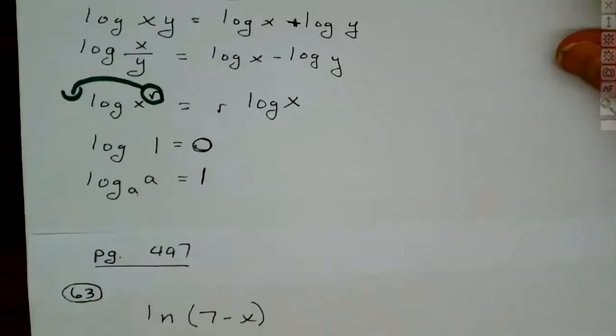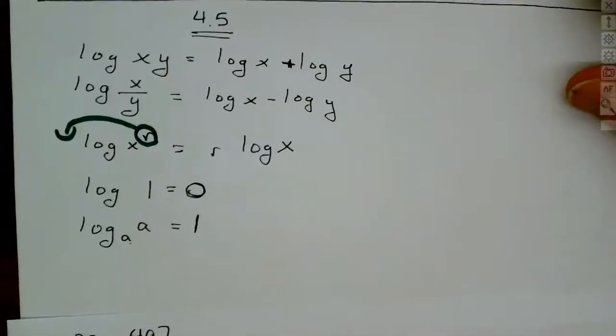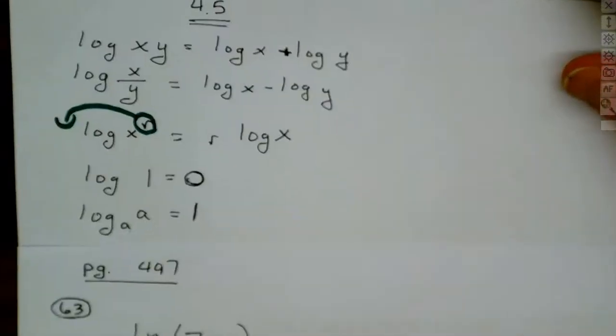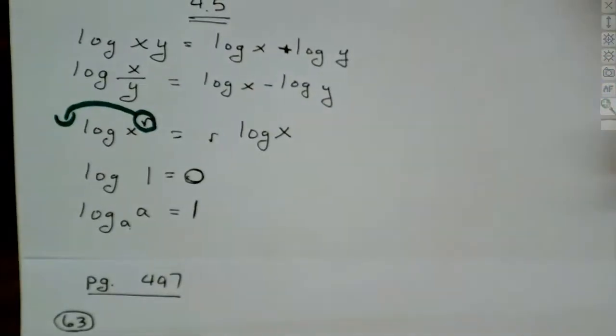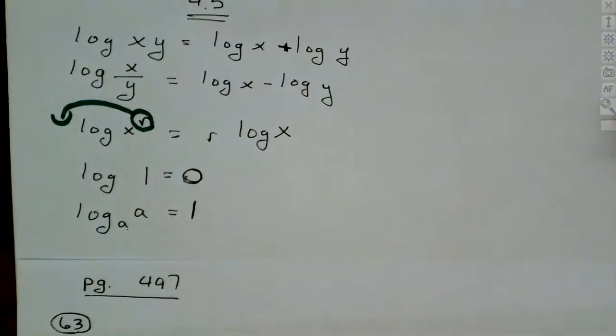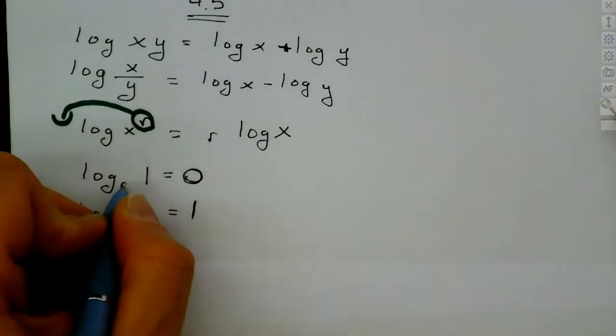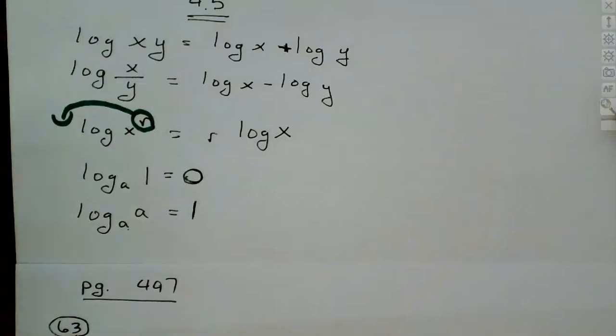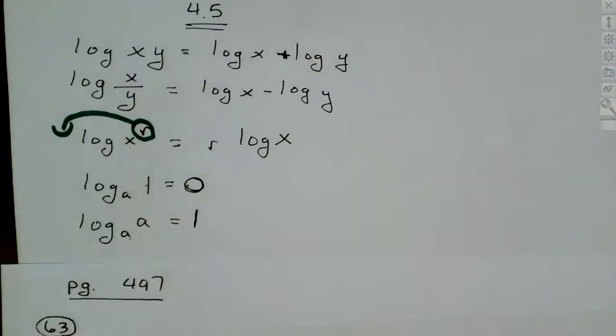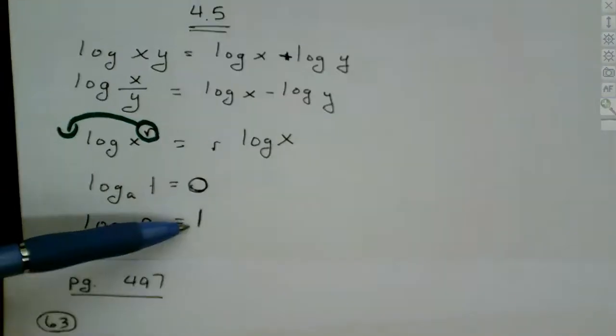Yes, sure, no problem at all. Professor, that is log 1 equals 0. Log of any base, it doesn't even matter what the base is. Log of 1 in any base is 0. That's just a constant. Anytime you have a log of 1, it is 0. And when these are the same, it's 1.